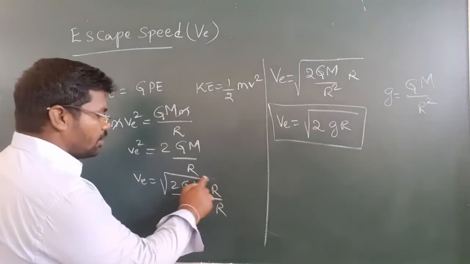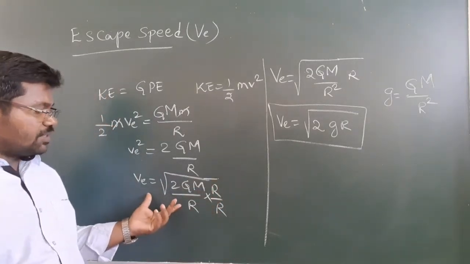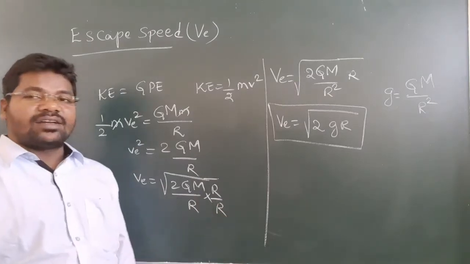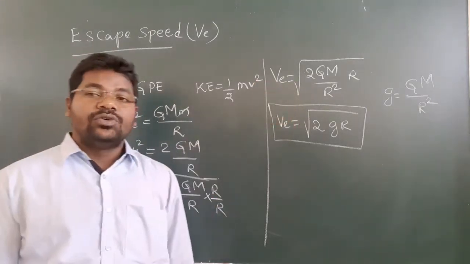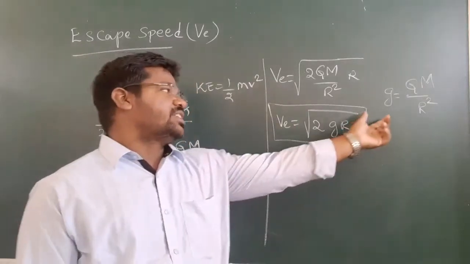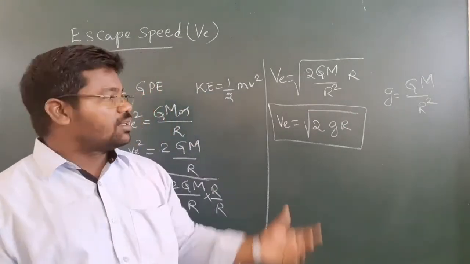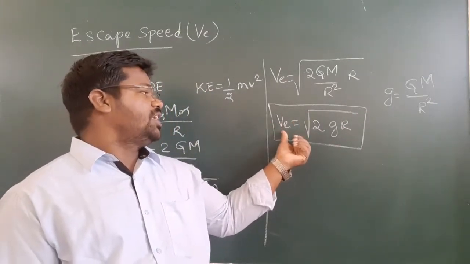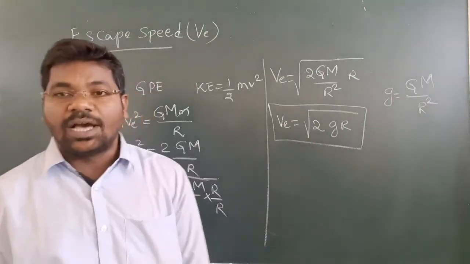Multiplying by r by r and using g equal to G M by r square, finally we get escape speed Ve equal to root of 2 g r.